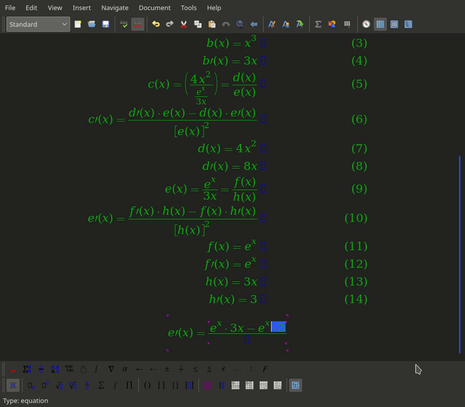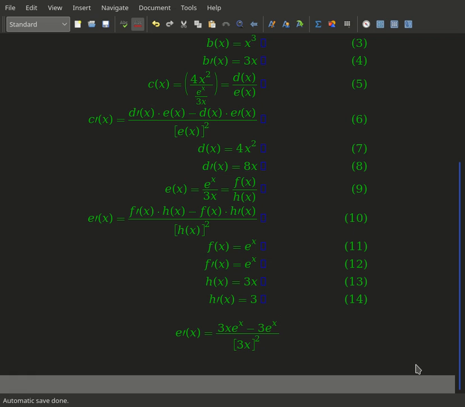So we'll just move that around, 3x e to the x. That'll be a little bit cleaner because this is going to get copied and pasted around. And then we have h of x squared. That's 3x squared. So we'll do a nice big square bracket, 3x, big bracket squared. So that's e prime of x. We've defined that one now.